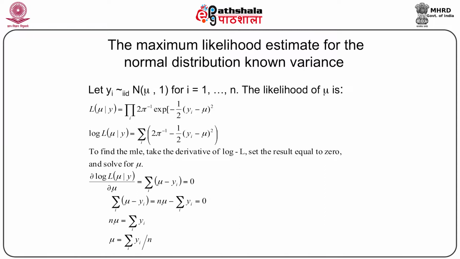To find the MLE, we take the derivative of minus log L, set the result equal to 0 and solve for mu. When we solve, we get the solution mu equal to the sum of yi over n, which is the sample mean.